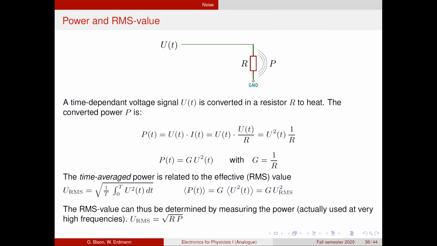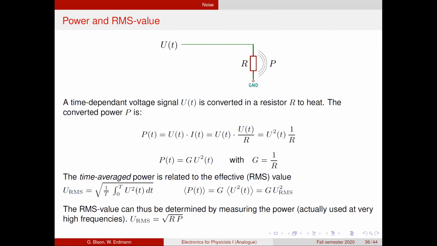And of course, that's calculated by integrating over this expression here and then building the time average of that. And this is exactly the same math as we've seen with the RMS value. So we can define an integral version of our RMS voltage as well, the square root of the time average of the squares of the voltage.